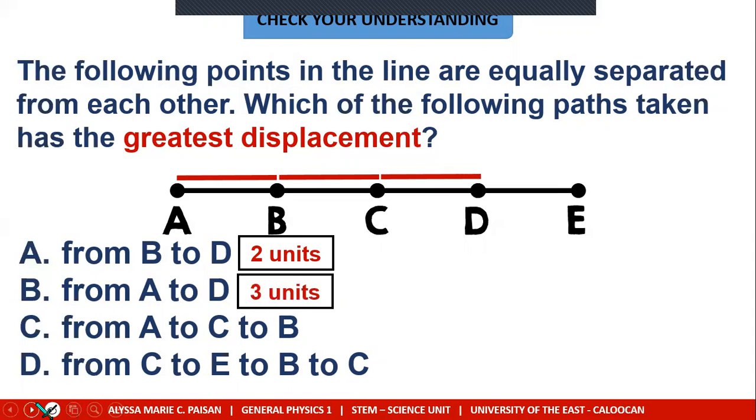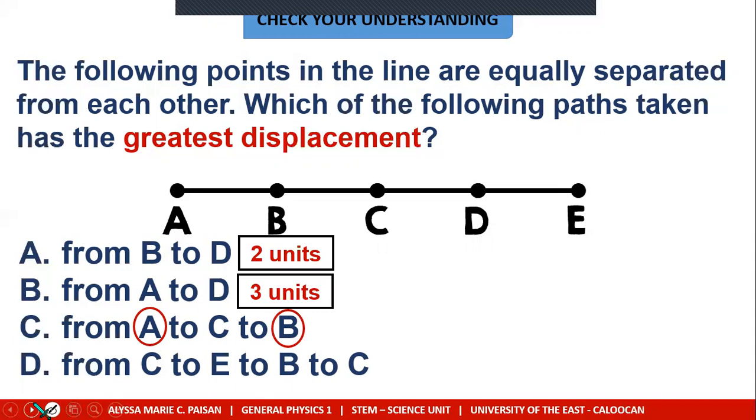And then letter C, he went from A and then it went to C. So he made a stop over at C and then it went back to B. In this case, since we are talking about displacement, we just have to consider the first point or the original position and the final position. You disregard things that come in between.